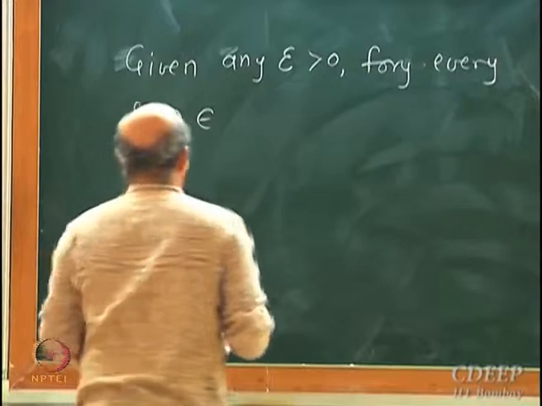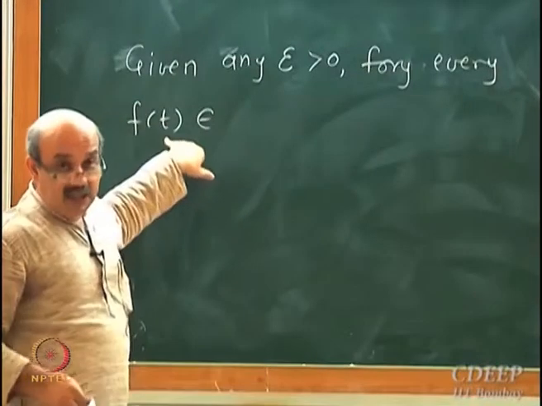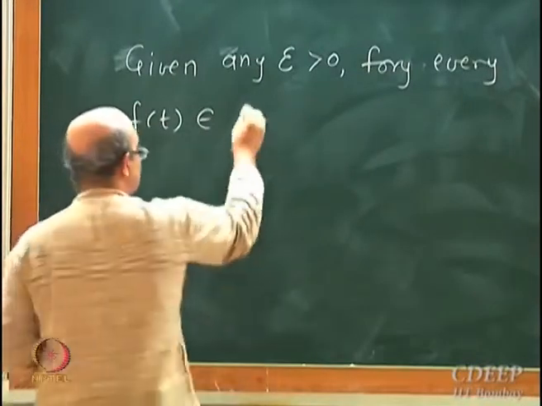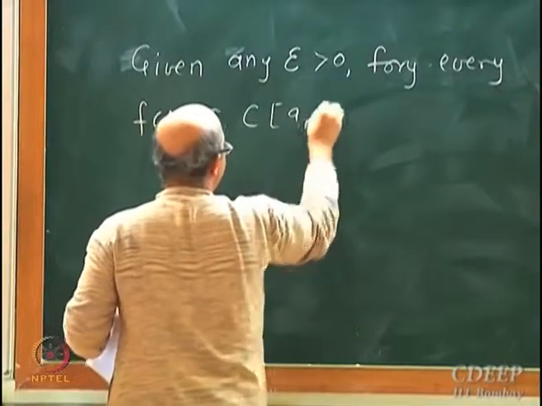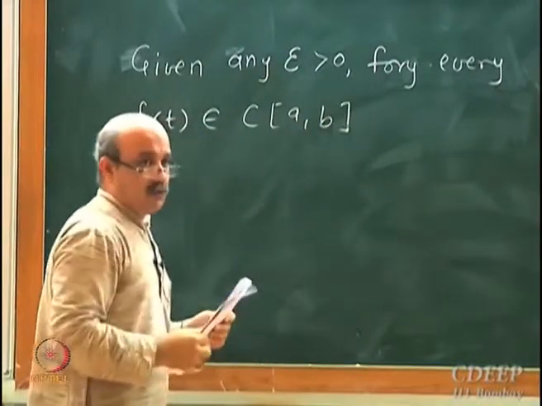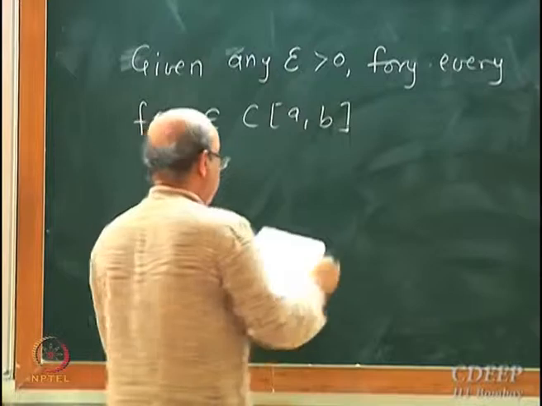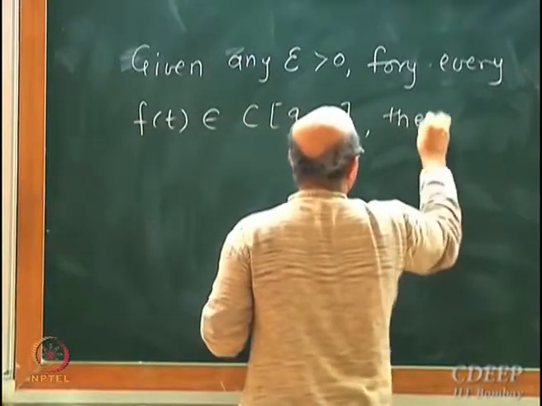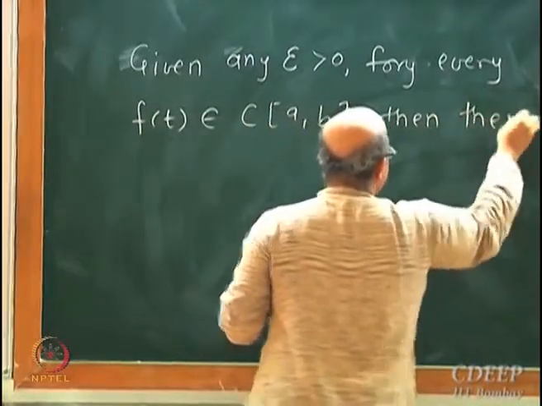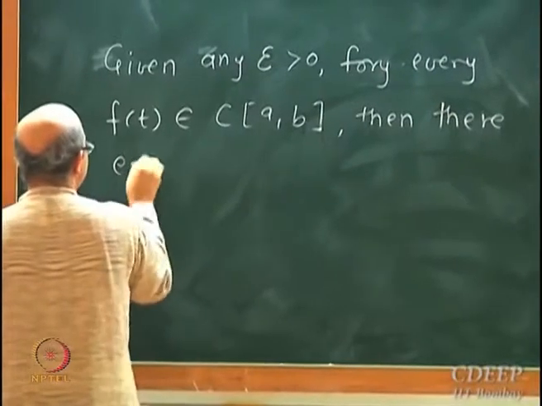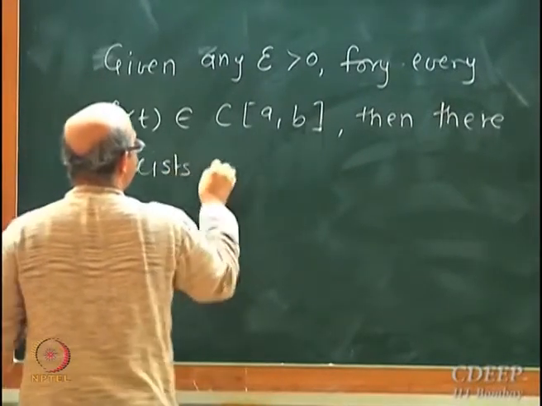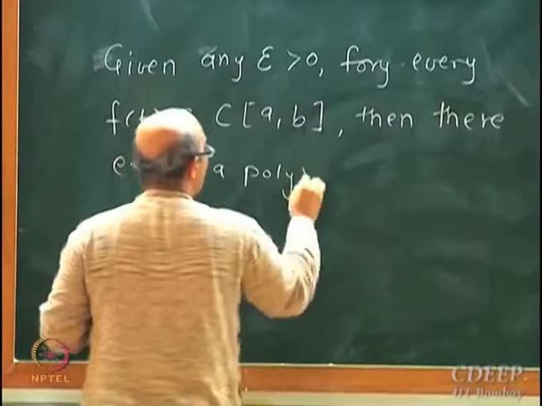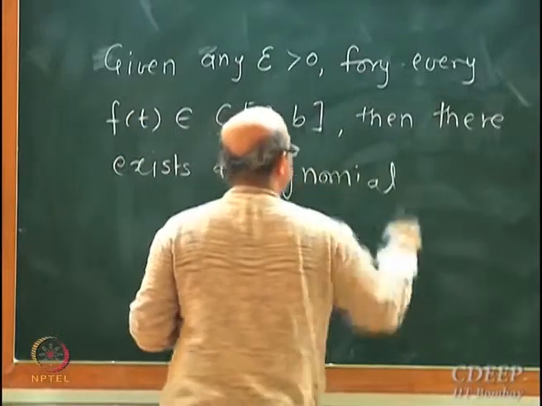And if I pick any continuous function f(t) from C[a, b], the set of continuous functions over [a, b], then there exists a polynomial. Very, very important result.